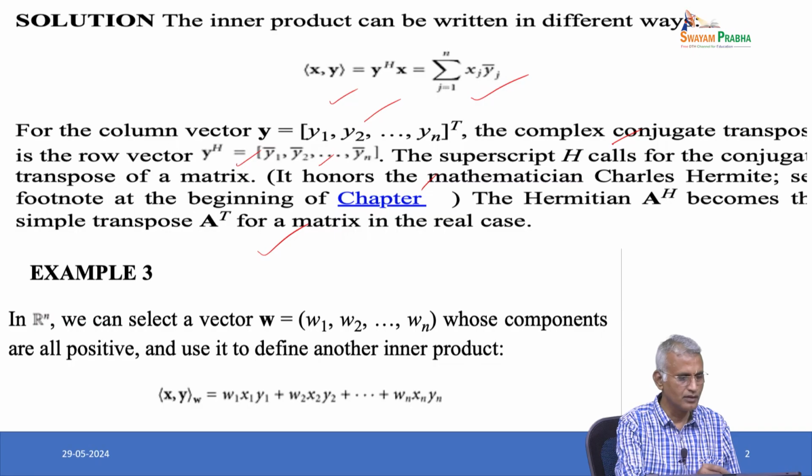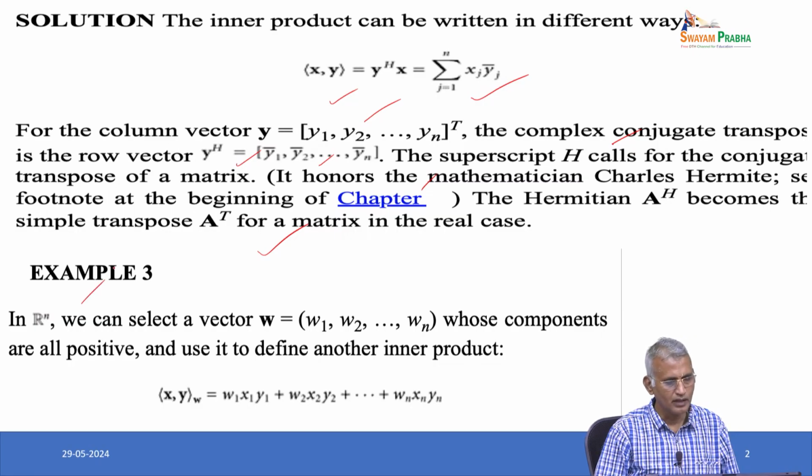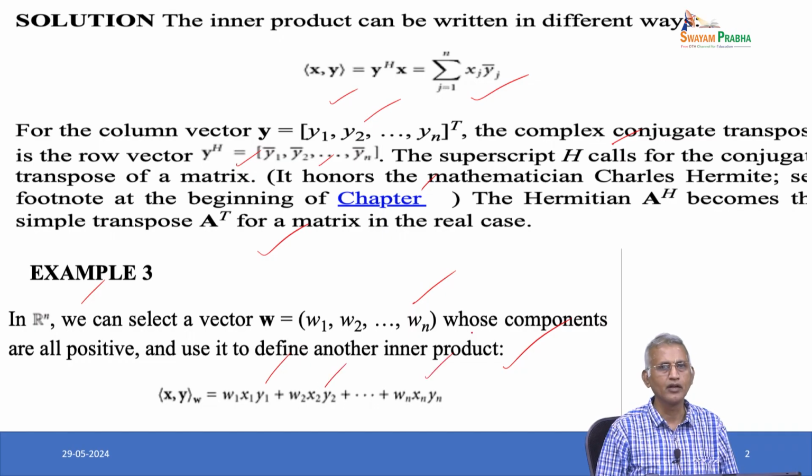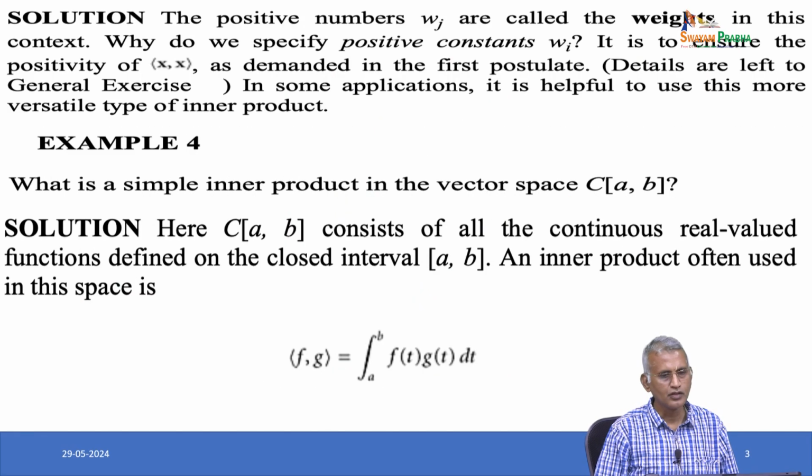Next example: in the real space R^n, we can select a vector w equal to w1, w2 and so on wn, whose components are all positive, and we define another inner product x comma y equal to w1 x1 y1 plus w2 x2 y2 and so on wn xn yn, where w is a vector with all positive components.